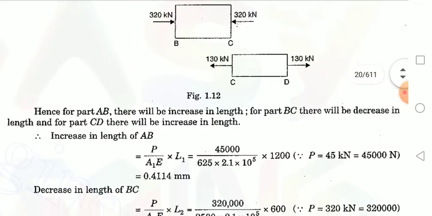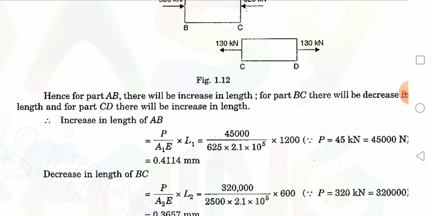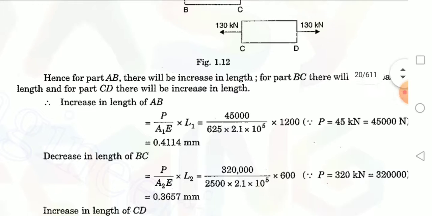Hence, we want to calculate the change in length of each part. For part AB there will be increase in length. For part BC there will be decrease in length because it is compressive force, and for part CD there will be increase in length. We know the force P is 45,000 Newton divided by area, which is given for part AB, 625, into E. With the length also given, the elongation is 0.4114 mm.